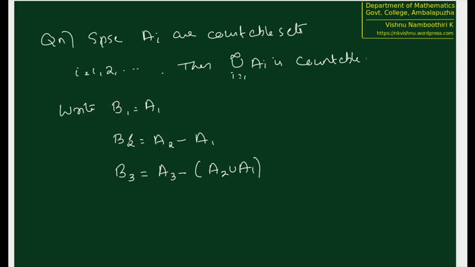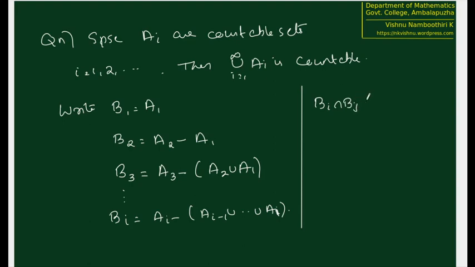Therefore, B1 intersection B2 is empty, B2 intersection B3 is empty, B1 intersection B3 is empty. All these are pairwise disjoint. So in general, Bi equals Ai minus the union of A(i-1) union etc. union A1. So the way in which we constructed these Bi's, Bi intersection Bj is equal to phi if i not equal to j.